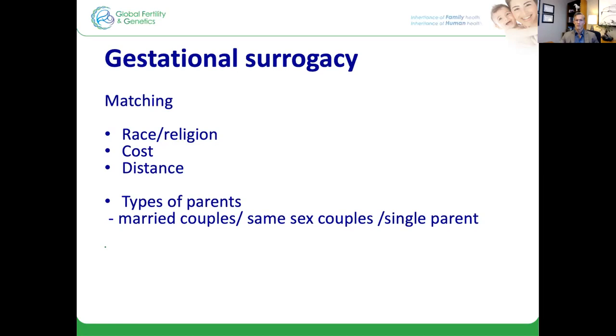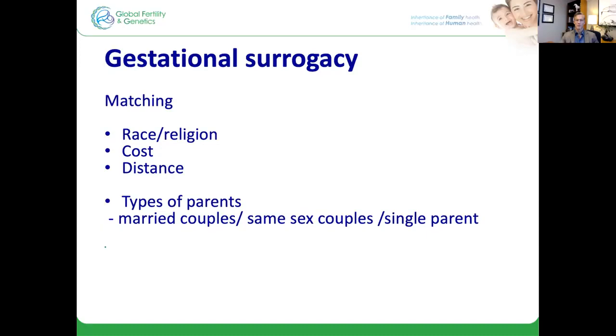The matching process might be very simple, that the patient wants just a healthy surrogate that will carry their baby, but sometimes some couples are more specific, and they will look at race, they will look at religion. Cost is very important. These are cycles that cost over $100,000 usually.